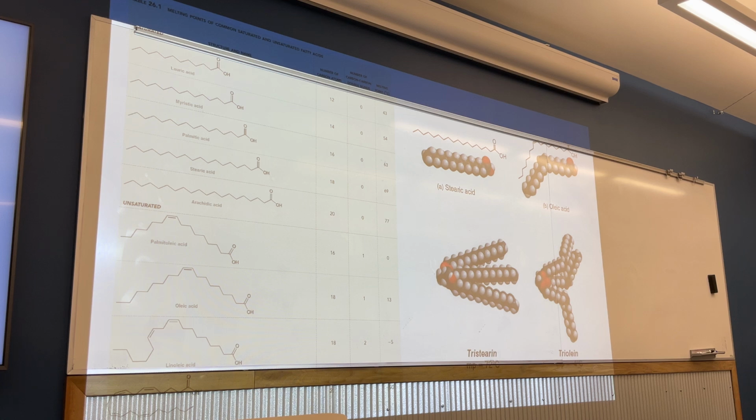One is the length of the hydrocarbon tail. The longer the tail, the more London dispersion forces, and the higher the melting point will be. The other factor is going to be saturation.